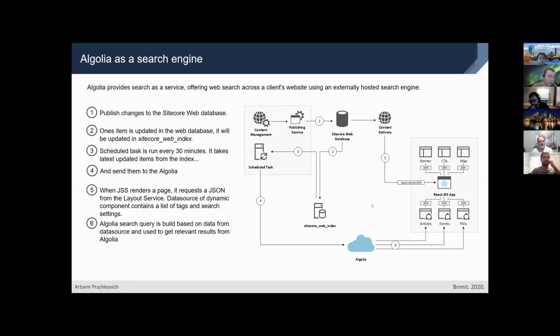We have a list of selected tags that we use to get relevant data from Algolia, like related articles, maybe latest news or news related to some area. All this data is tagged, and we use tags to search this data.